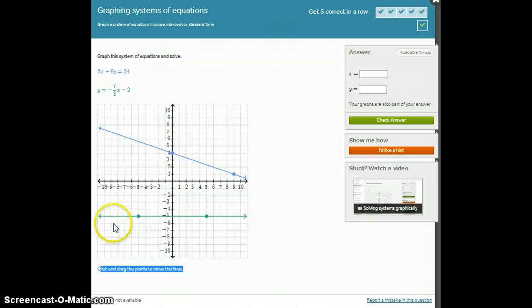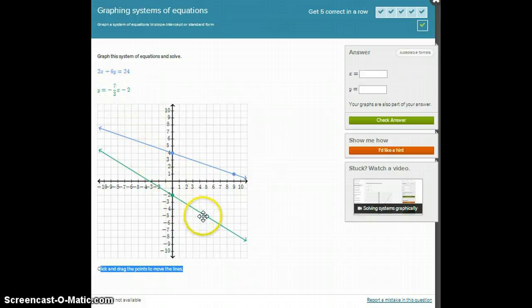All right, so now let's move on to the next. The green equation is in slope-intercept form, and the first point is automatically given. This is the y-intercept, which is (0, negative 2). Now the slope is negative. That means the line goes down. How can we find another point?